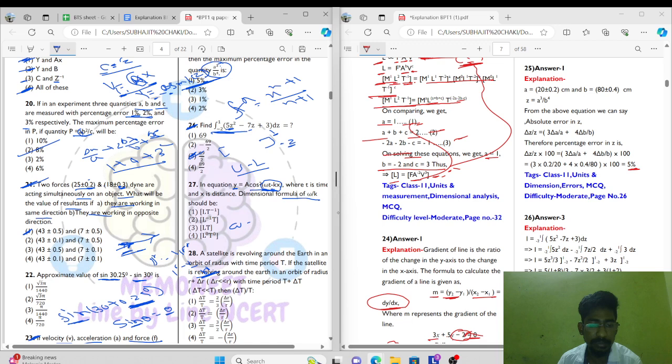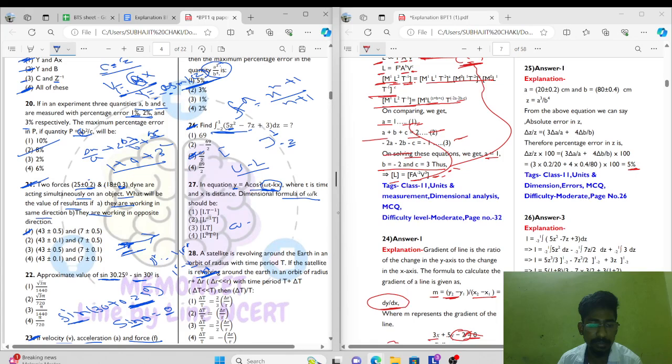So k is L minus 1, and omega is T minus 1. Omega by k means t inverse divided by L inverse, that means it will become LT minus 1. Very easy. Understand this: the angle has no dimension, it is a dimensionless quantity.